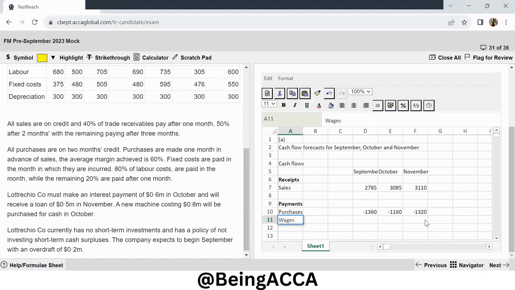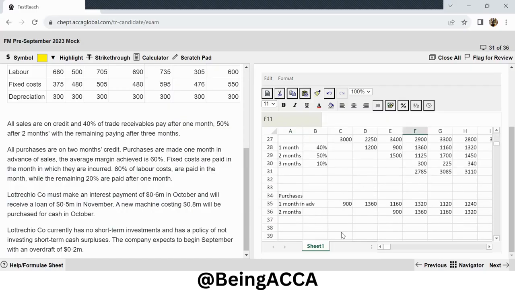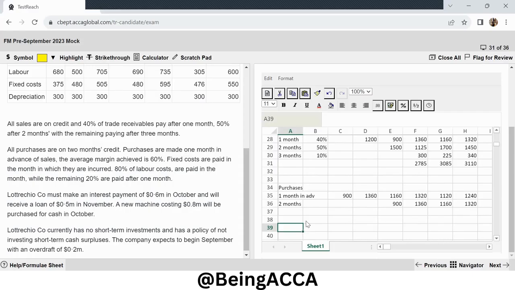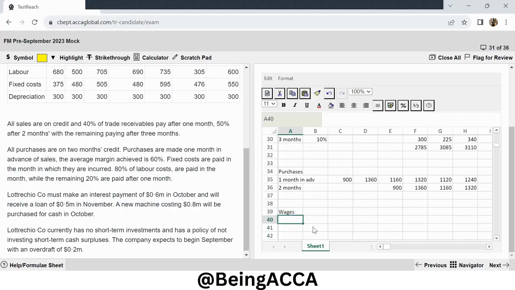So for wages, let's go down below. Let's go to another working note, and this can be about wages, or you can also say labor, right? Both will be correct. So first of all, we are paying in the month 80%, and then 20% are paid 1 month afterwards. So 1 month later, right?